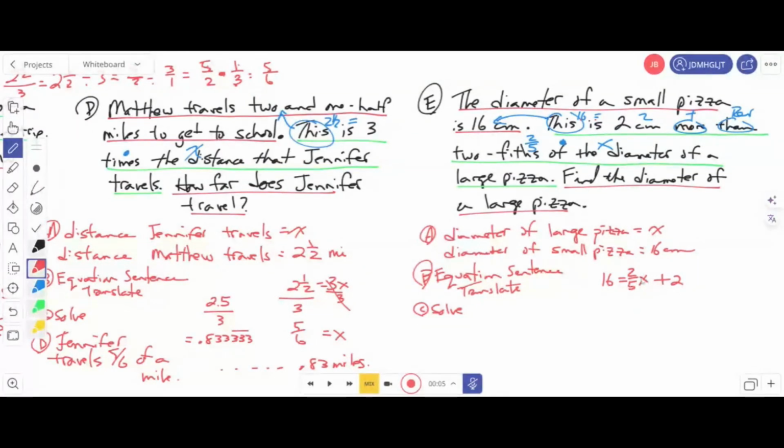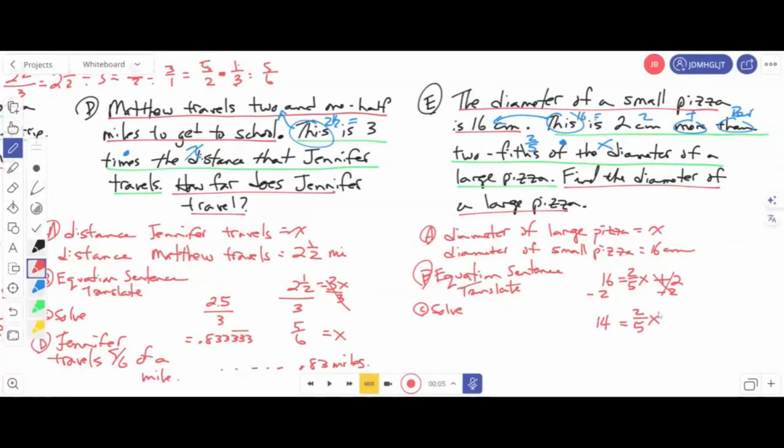Stop and check. Yes, this is the only variable term in the problem. So now we can undo addition or subtraction. The 2 is being added, the 2/5 is being multiplied. So I'm going to subtract 2 and subtract 2. 2/5 x. On this side, I have 14.